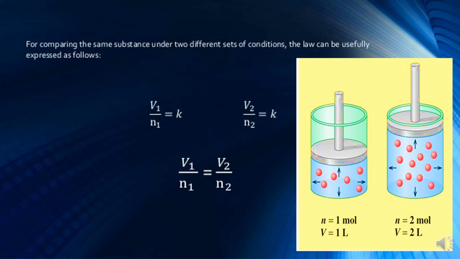For the same gas at the same temperature and pressure, if we take 2 moles of that gas, then the volume occupied will be 2 liters. That means V1 over n1 is always equal to V2 over n2. The ratio of volume and number of moles remains constant for a gas at fixed temperature and pressure.